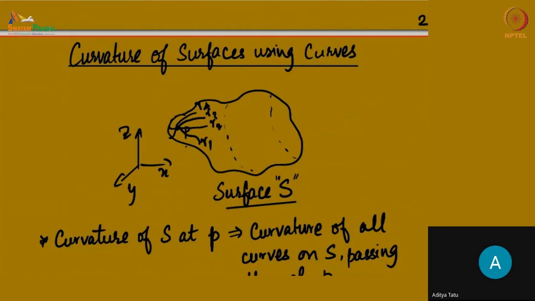The curvature at this point of the surface and this point of the surface may be completely different. So can I just use curves? The only change now is that the curves should entirely lie on the surface, and they pass through the point where we are trying to capture the curvature of the surface. So that's going to be our first attempt.